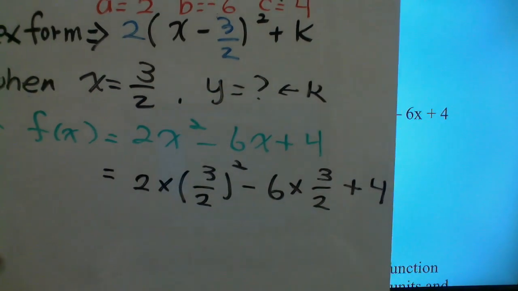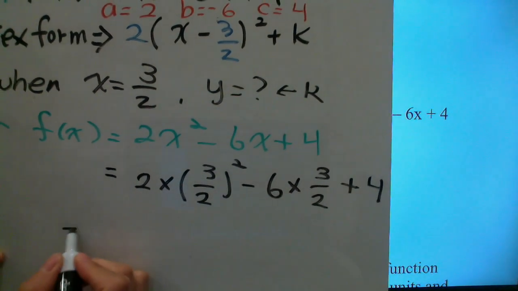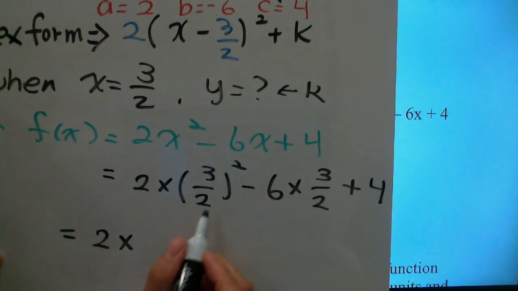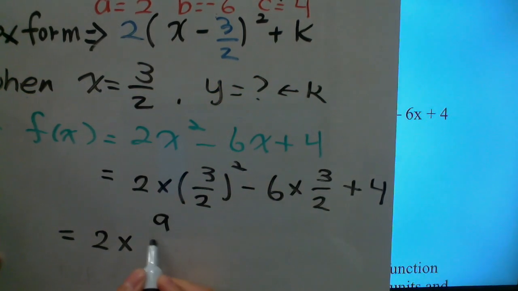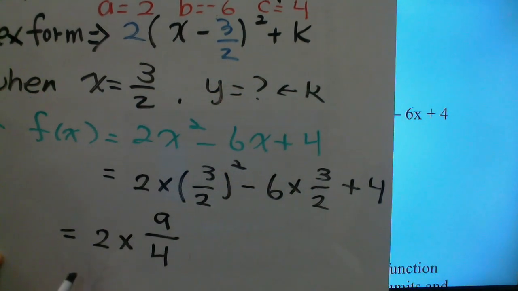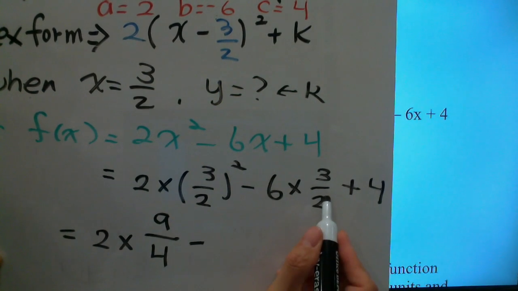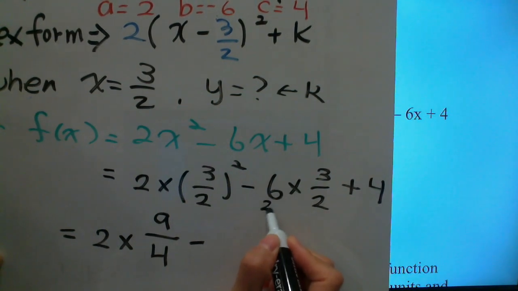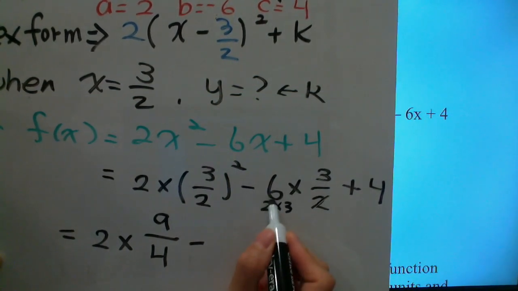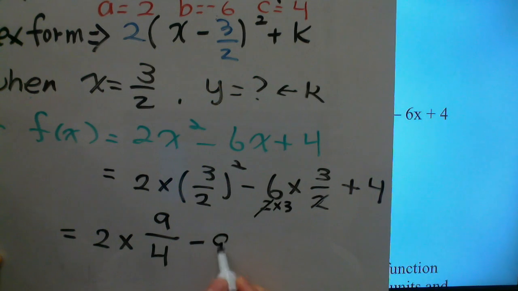Then let's see. 2 times 9 over 4, and it's 2 times 3, right? 3 times 3 is 9, plus 4.